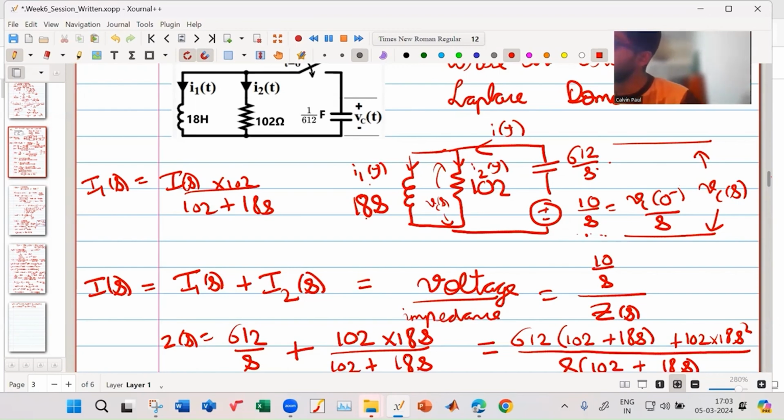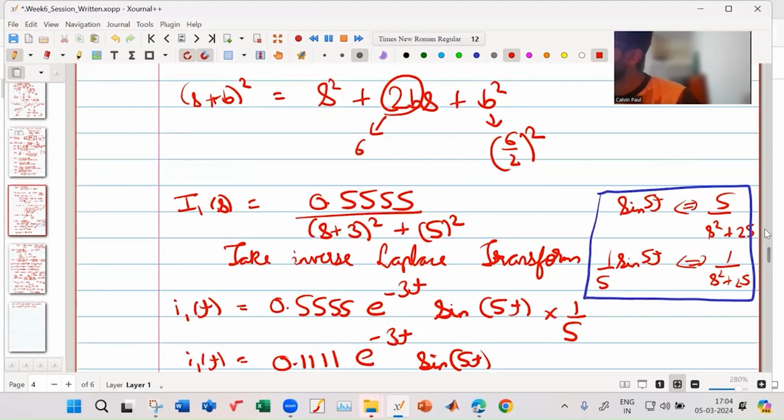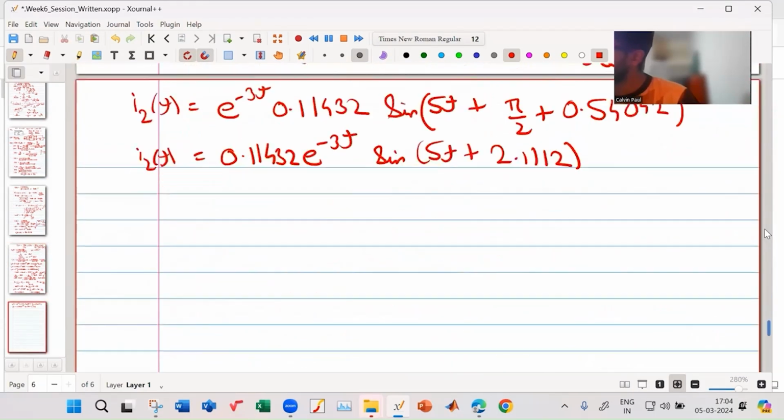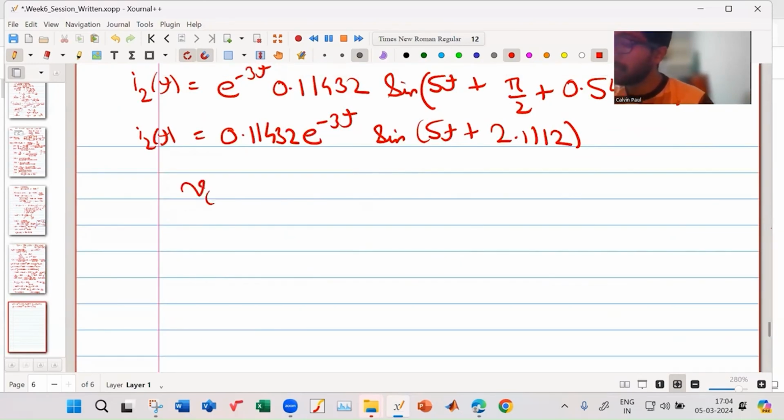So Vc of S is actually equal to 102 into I2 of S. Or I can write Vc of t is equal to 102 into I2 of t.